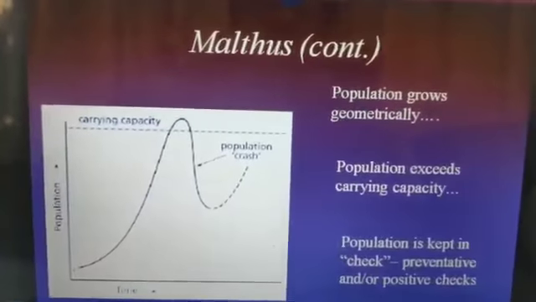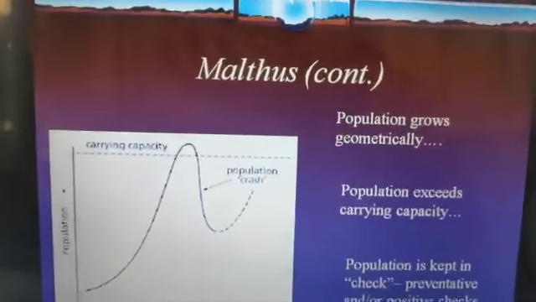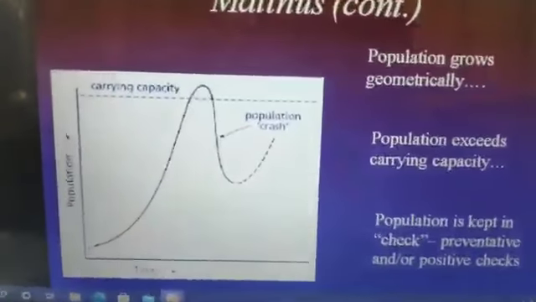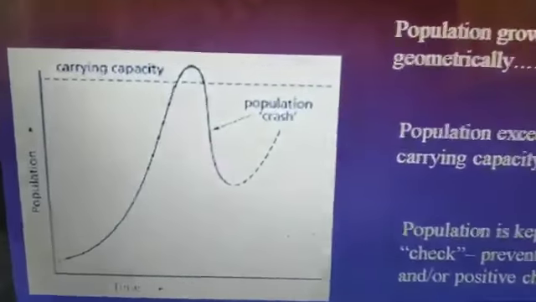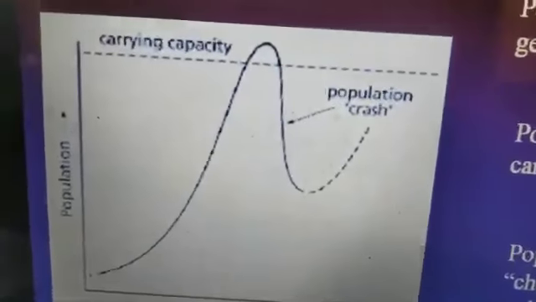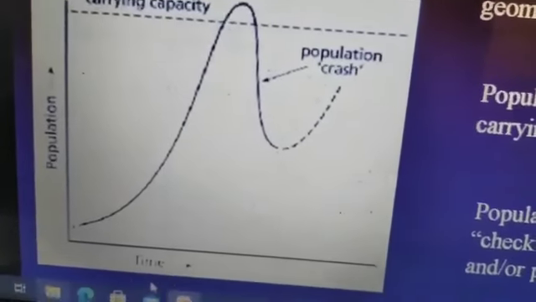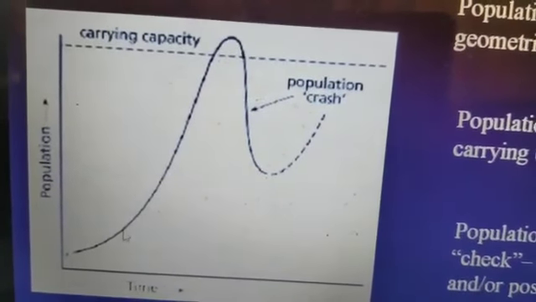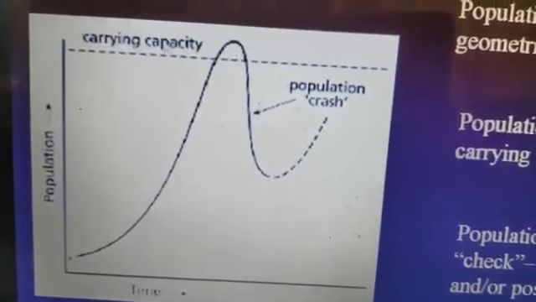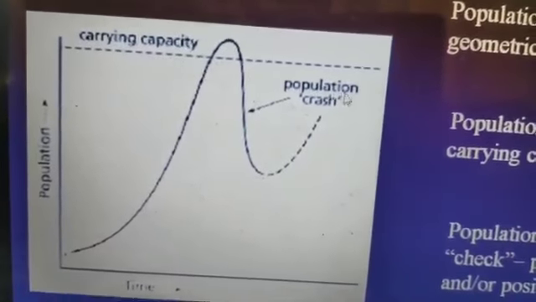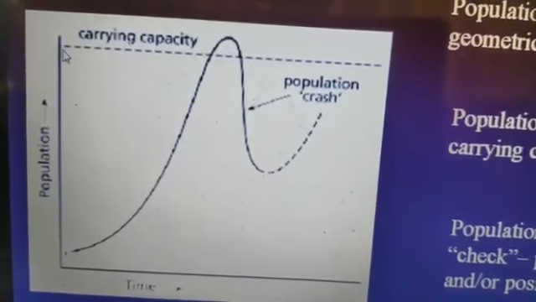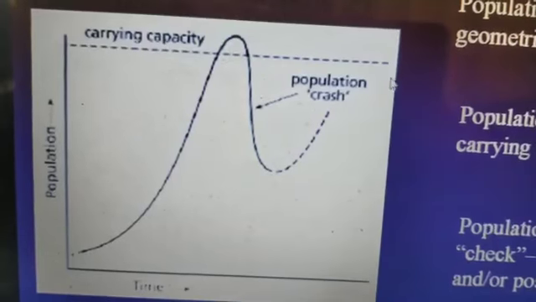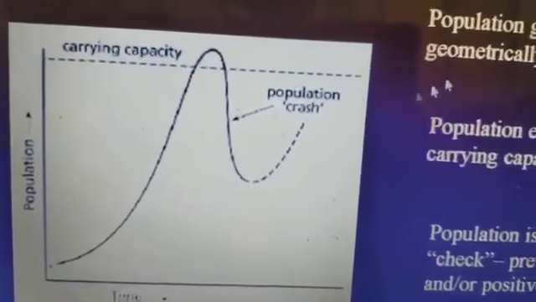I will try to explain this theory. In this graph, the y-axis denotes population and the x-axis denotes time, and population is increasing, as I told you earlier, in geometrical progression. This is the carrying capacity, the maximum limit of resources you have in a particular country.